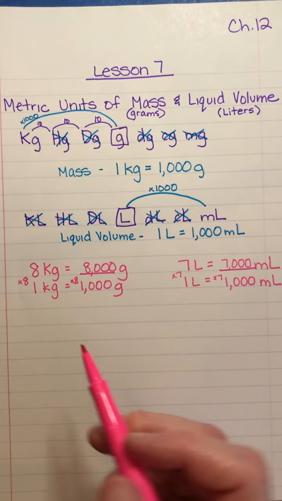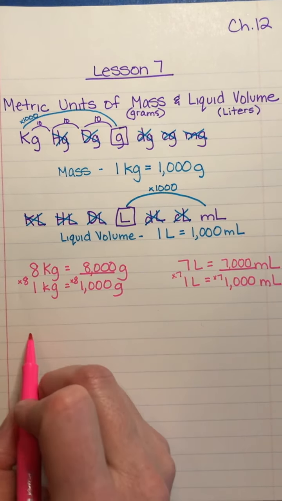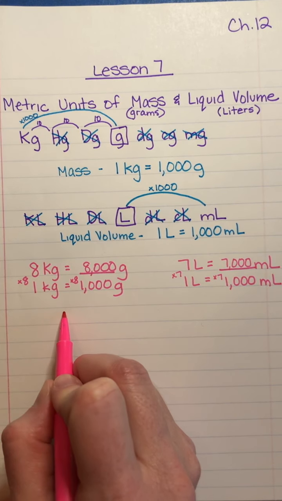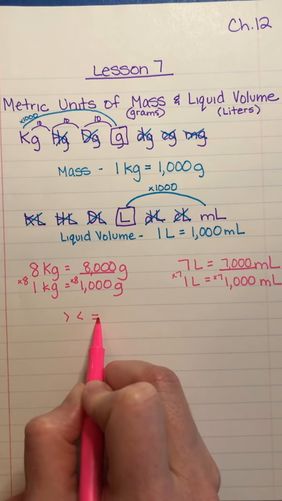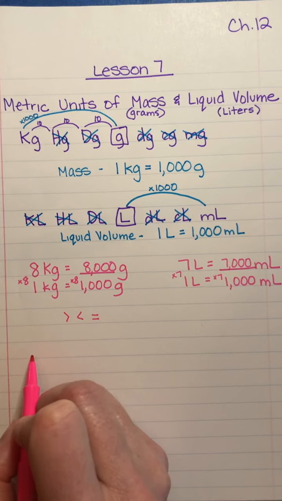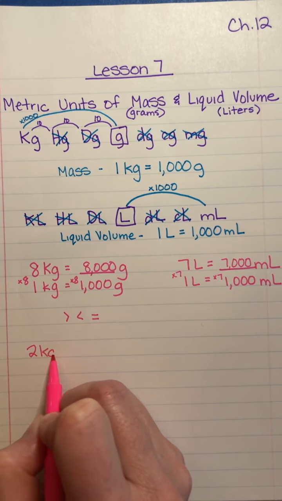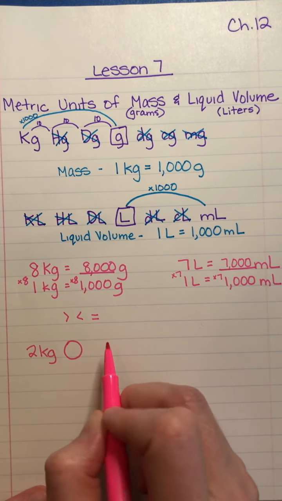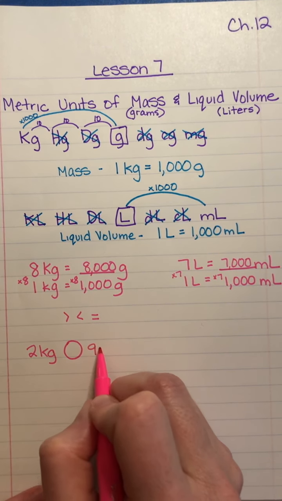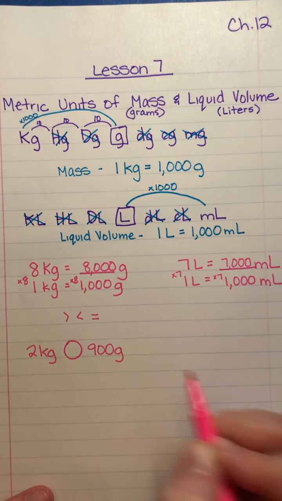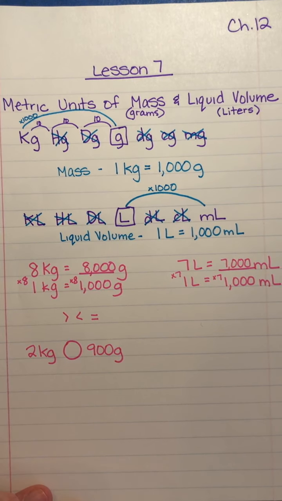When you are looking at comparing, remember you use greater than, less than, or equal to for your comparisons. If I'm comparing 2 kilograms to 900 grams, that process is the same that we've been working with.